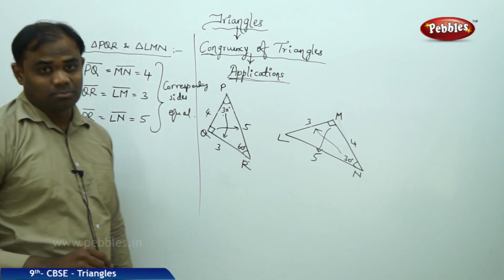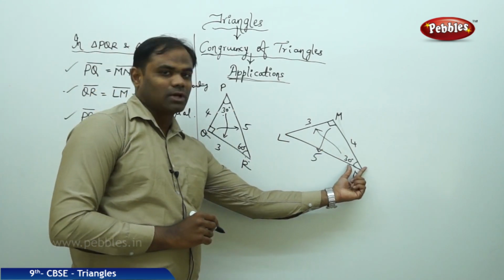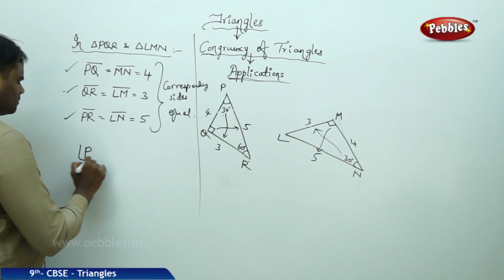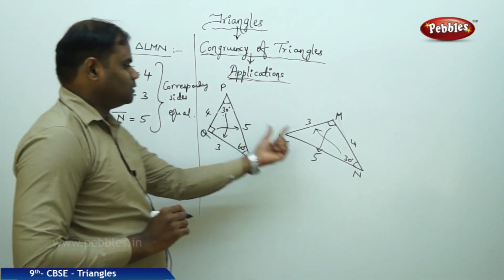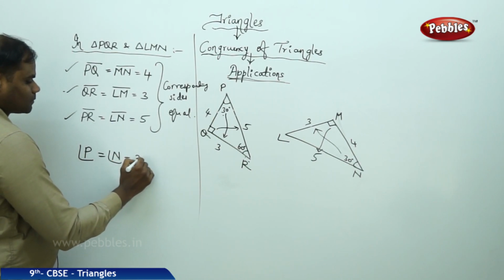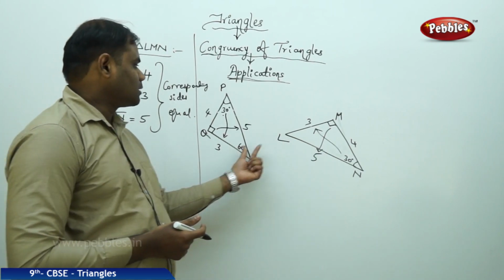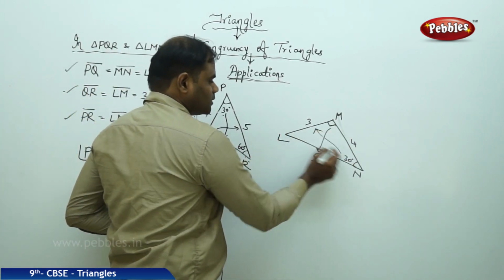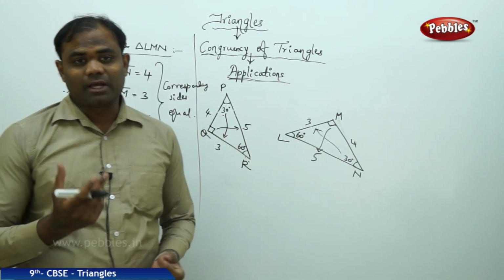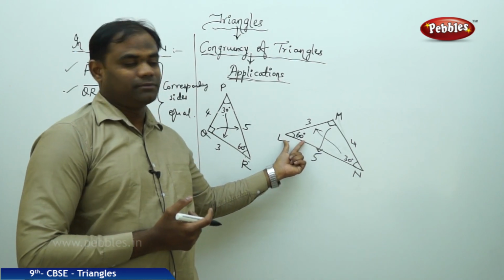Next are the corresponding angles. My angle which is 30 degrees is equal to the angle which is 30 degrees. So my angle P is equal to angle N, which is equal to 30 degrees. Similarly, my angle R equals, this being 90 and 30, obviously this must be 60 degrees using the angle sum: 180 minus 90 plus 30 is 60 degrees.